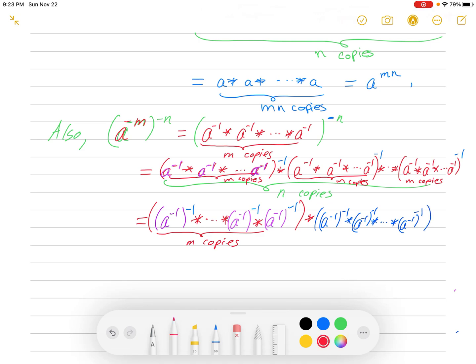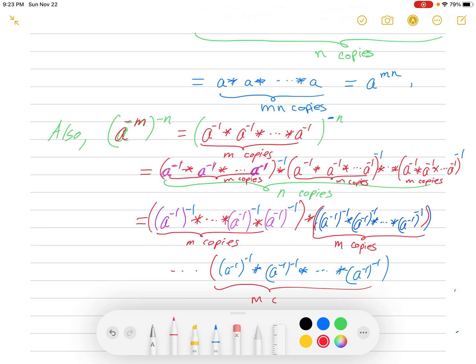That's the second one. There are m copies here. You go all the way to the last one. You get A inverse, inverse, star, A inverse, inverse, star, A inverse, inverse. There are m copies here.